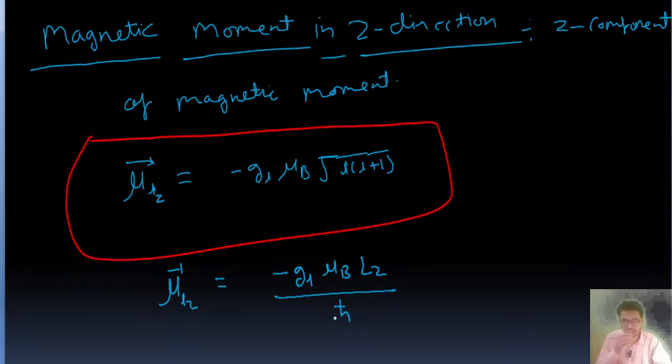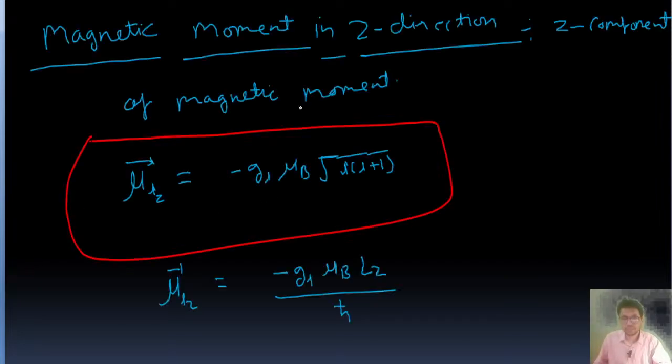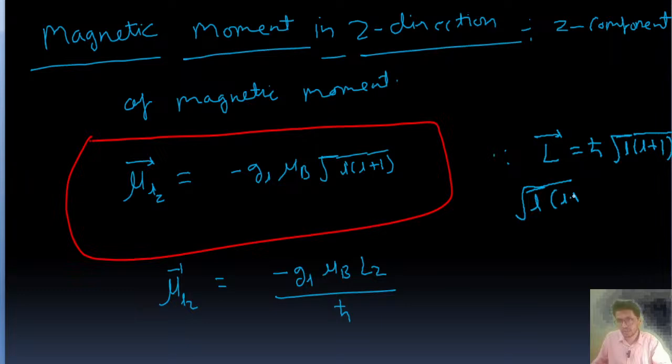And since we know L is H cut root L into L plus 1, from here root L into L plus 1 value is going to be L upon H cut.